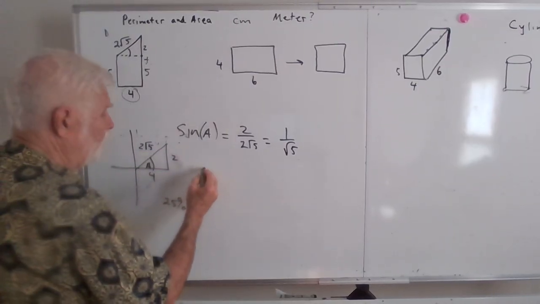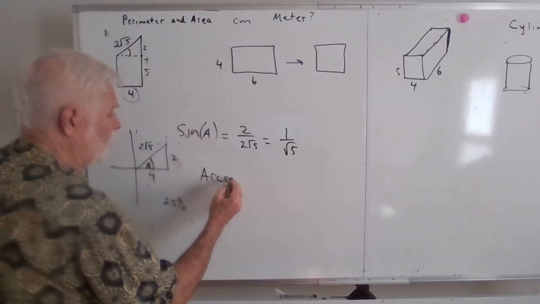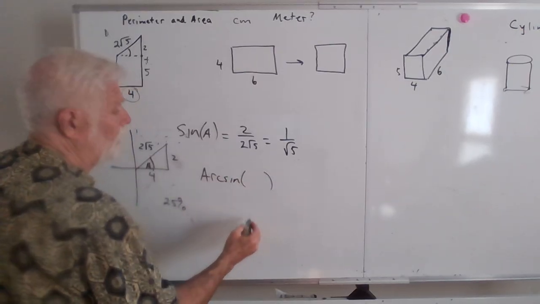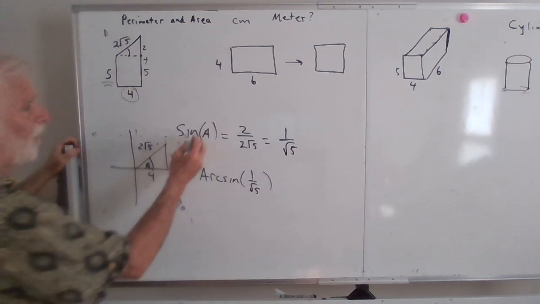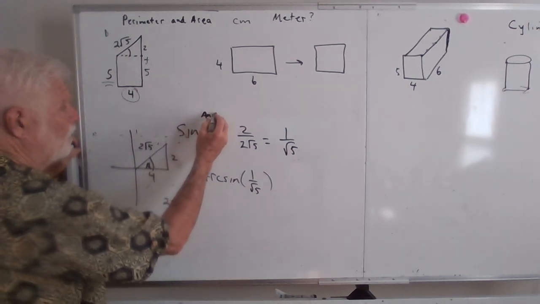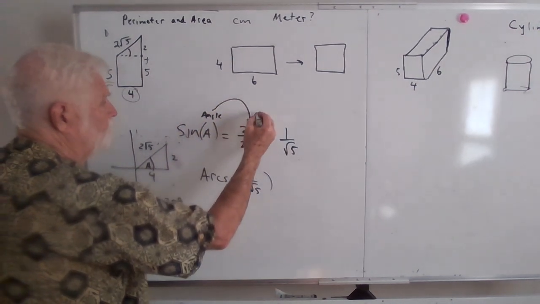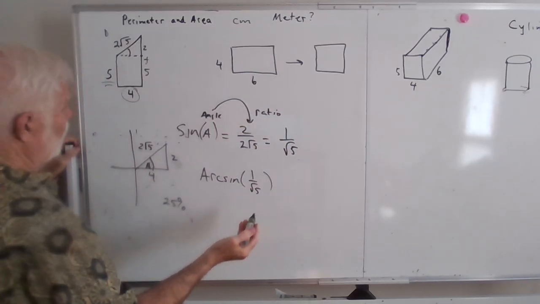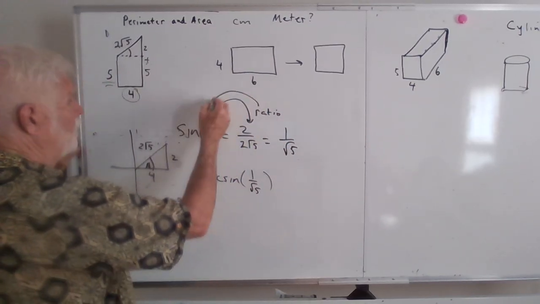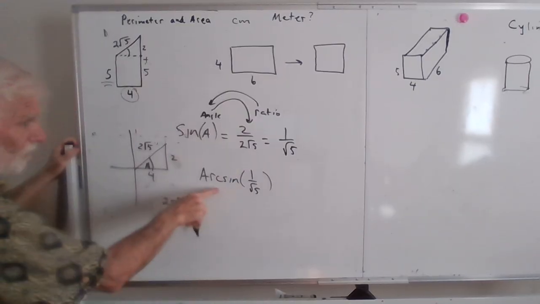And for that we have this communication, and you can throw this into your calculator. 1 over root 5, right? Because trigonometry is all about angle to ratio. And it's got to be a way to go from the ratio back to the angle, and you're looking at it.